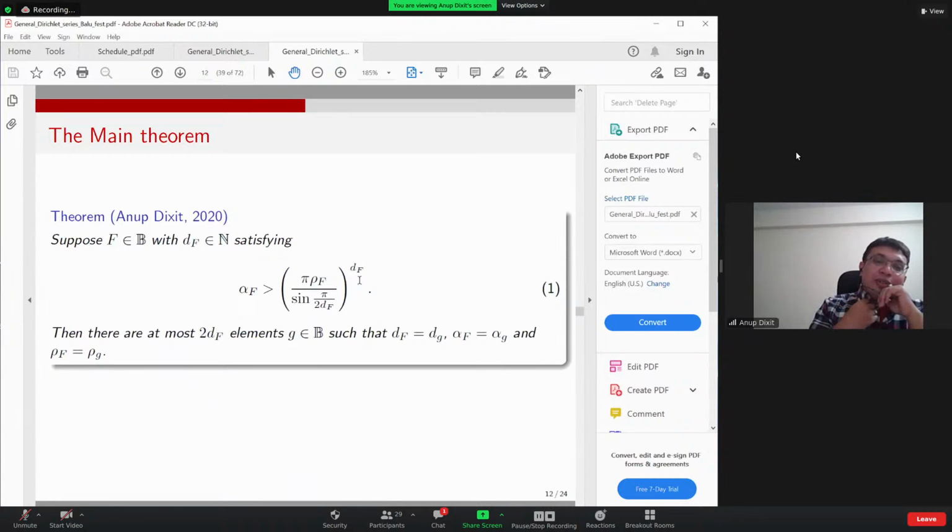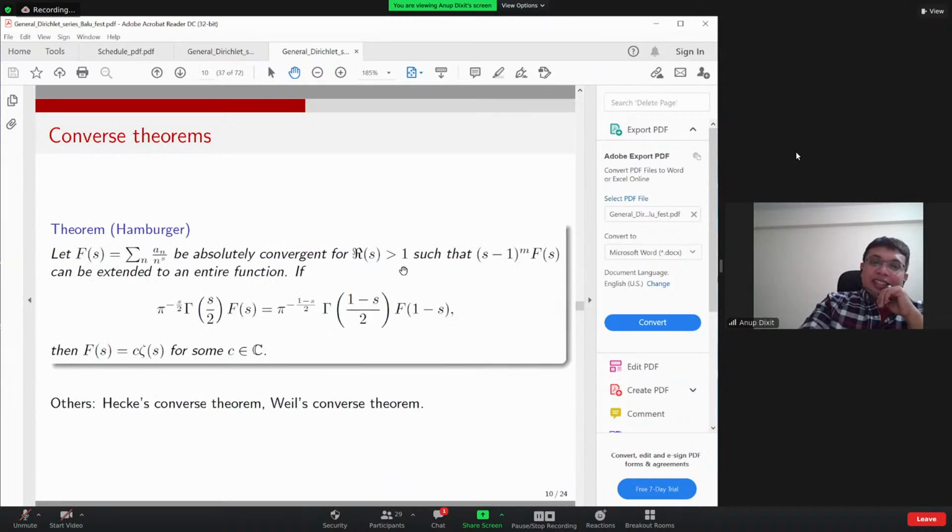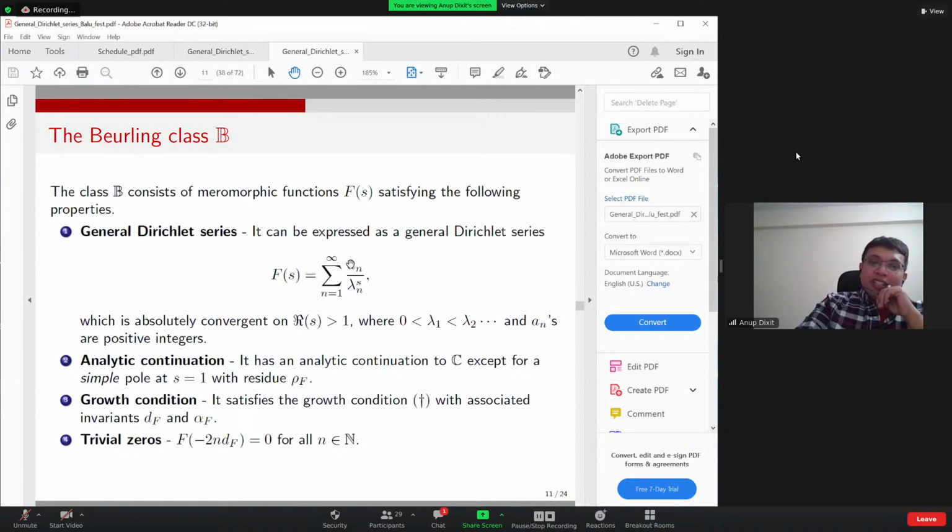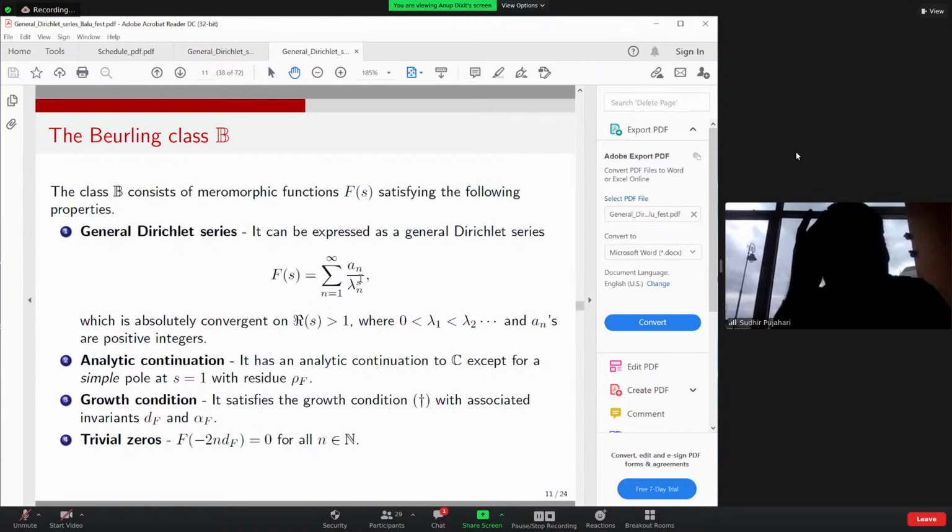What one can do is, instead of taking your a_n as positive integers, you can take them as rational numbers, but where the common denominators have a bounded LCM or something. That is possible, but otherwise not. Conjecturally in the Selberg class, there does not exist any L-function of fractional degree.